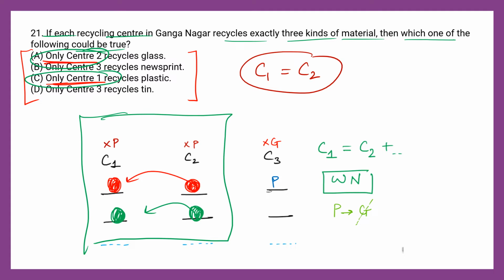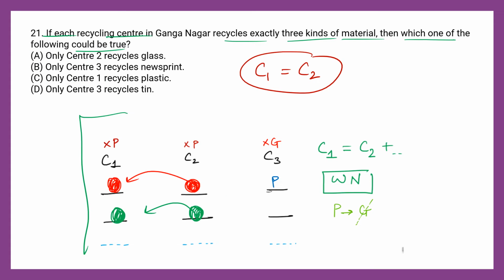So I immediately know that options A and C are wrong. Let me strike them out, because there is nothing that only center 1 or center 2 is recycling in this case. So A is not the answer, and C is not the answer.